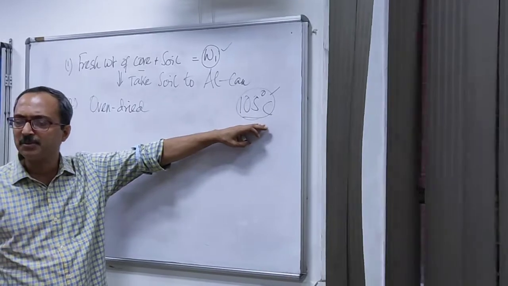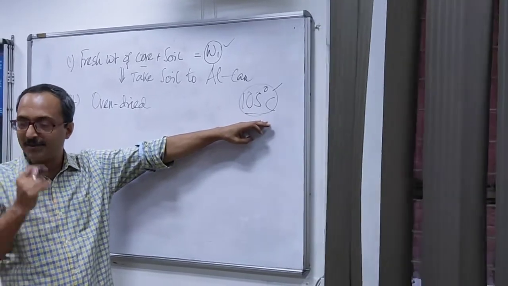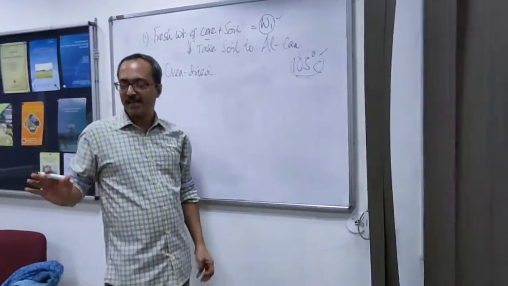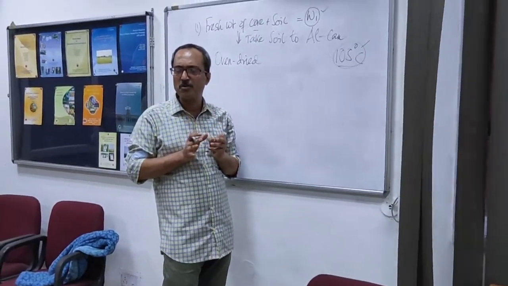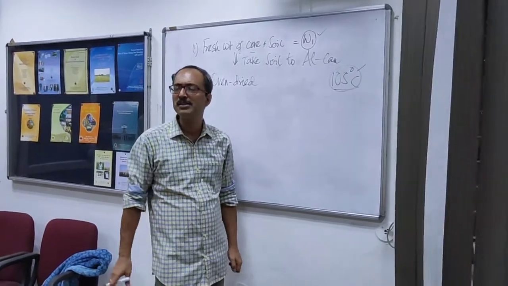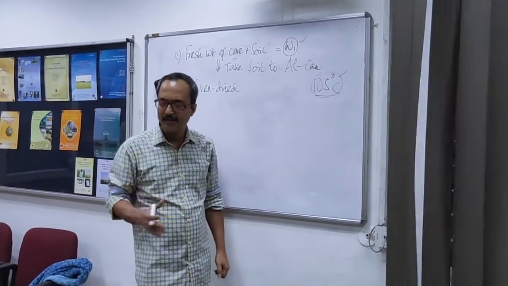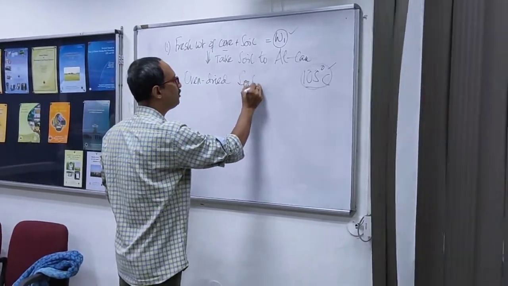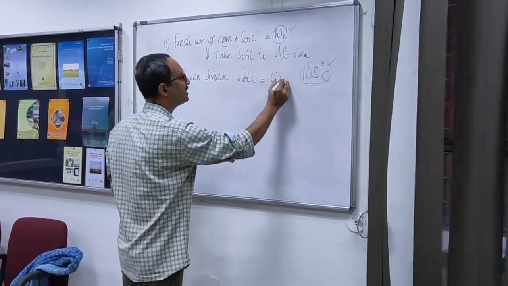People have done many experiments and suggested keeping it at 105 degrees centigrade, then you ensure that you are almost drying it completely, except some hygroscopic water at more than 31 bar or so, which is very difficult to take out. So you take the weight of this oven dried soil, and this is W2.